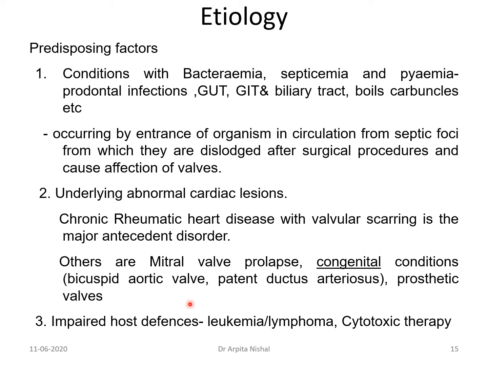Thirdly, the host defenses, if they are impaired, in conditions like leukemia, lymphoma, cytotoxic therapy, even in diabetes mellitus. These are conditions in which immunity is suppressed, and these persons may be susceptible to infection of their heart valves and mural endocardium.